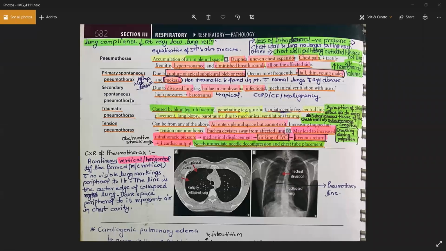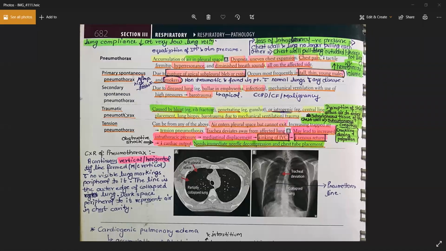Finally, after all these causes, if you have a primary spontaneous, secondary spontaneous, or a traumatic pneumothorax, if a valve is formed in any of them, then with each inspiration you will have more air in the pleura, but this air cannot get out, right?